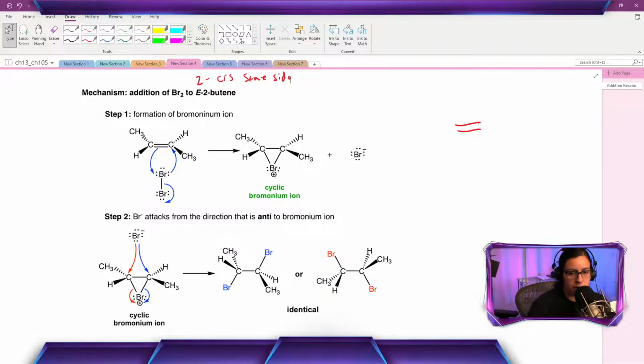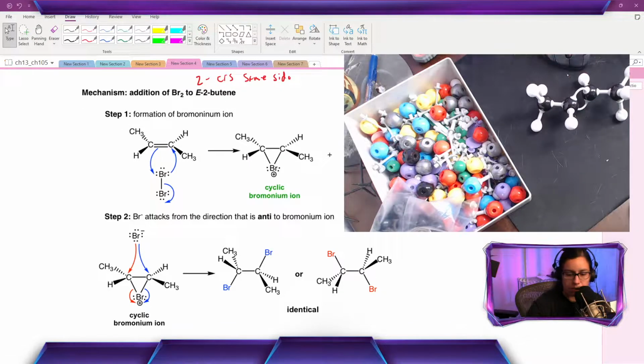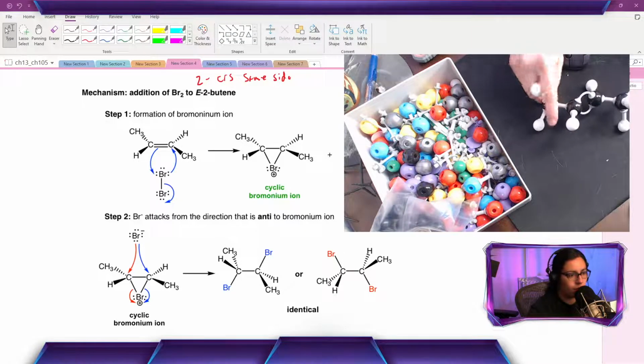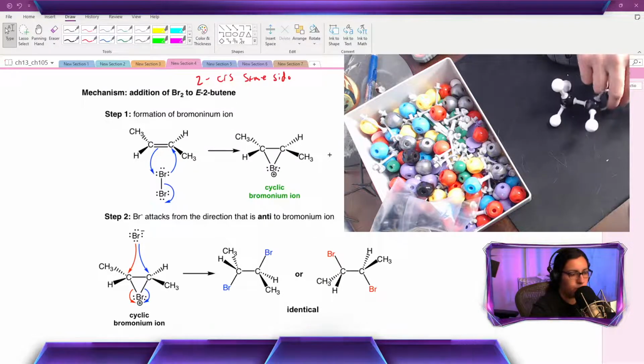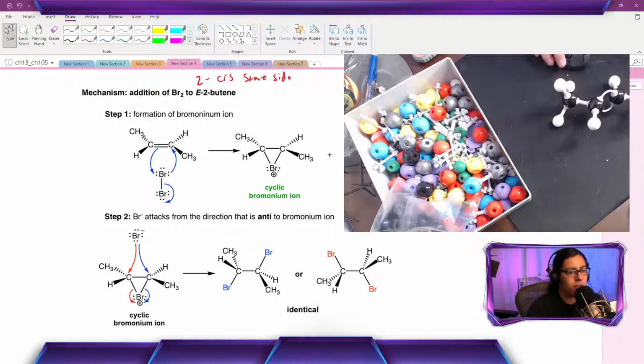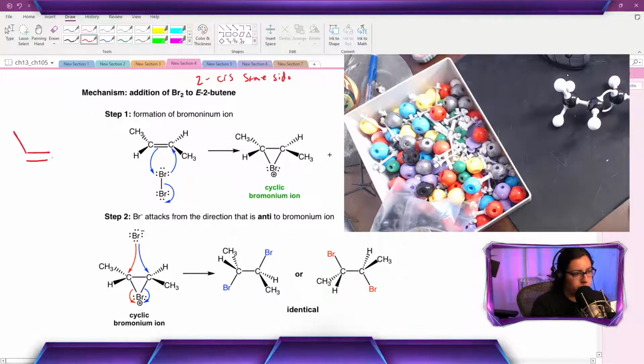And this is where your molecule kits come in handy. So we're looking at it like this. This one's going back, this one's going in front. So let's draw this over here.